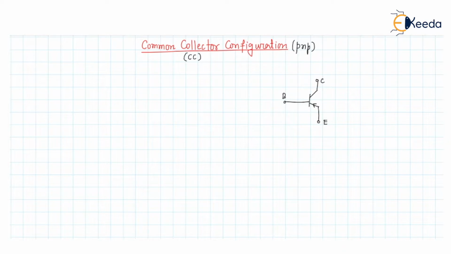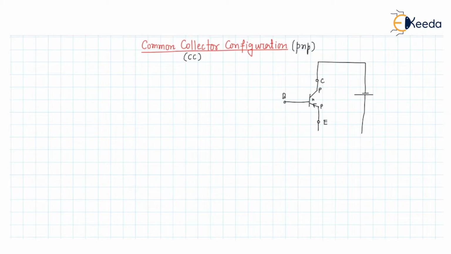Now we will give a voltage at the collector terminal as negative potential like this, because this is a PNP transistor, so the collector should be given negative.